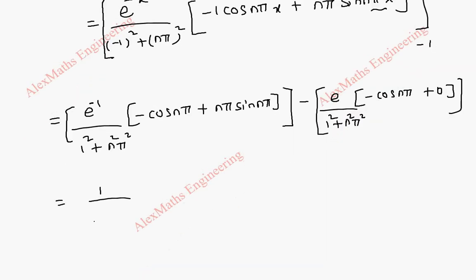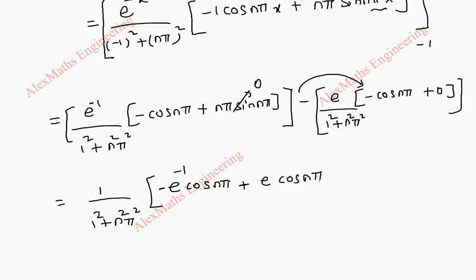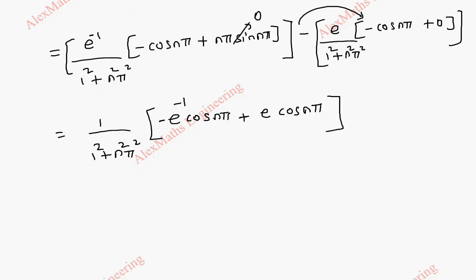we can take 1 by 1 plus n square pi square common. After that, we have e power minus 1 into minus cos n pi, and anyway that sine part is 0, and this is minus of minus, so it becomes plus. So plus e cos n pi, and cos n pi can be taken outside, which is minus 1 whole power n, by 1 plus n square pi square, into e power minus 1 written first and e written next.